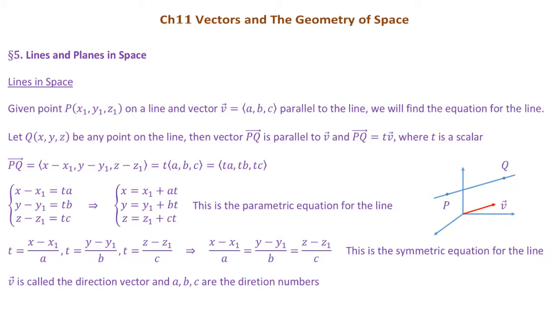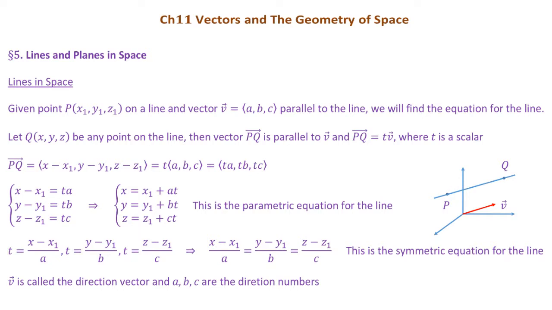I just want to note that t takes values from negative infinity to positive infinity. As you change the value of t over all real numbers, you're going to get all the points Q on the whole line.